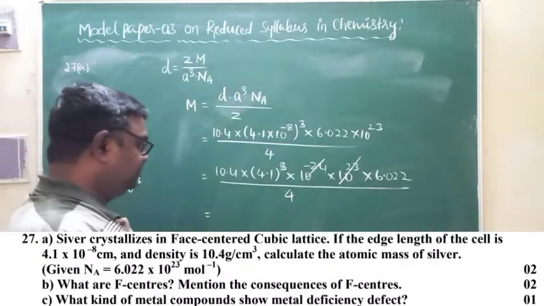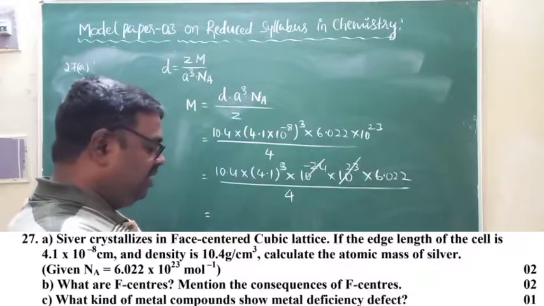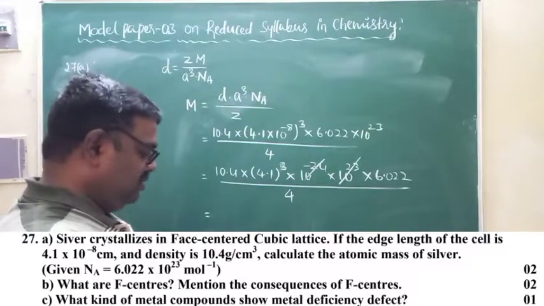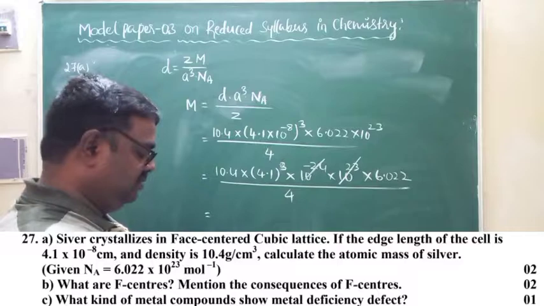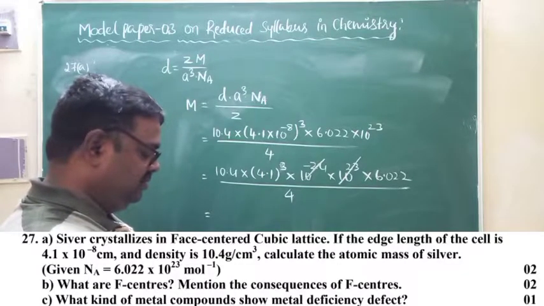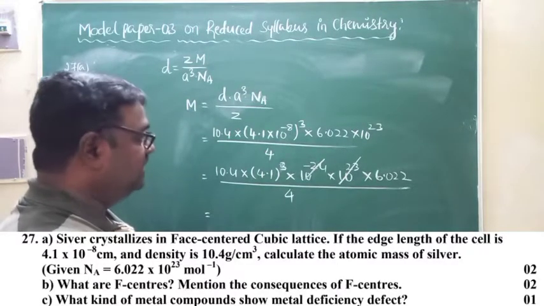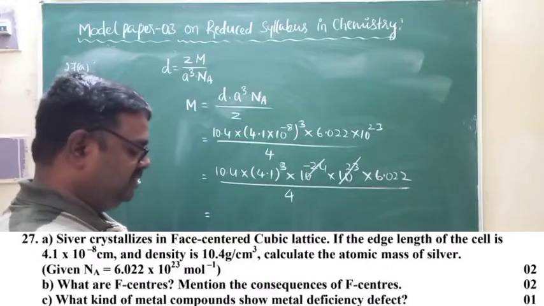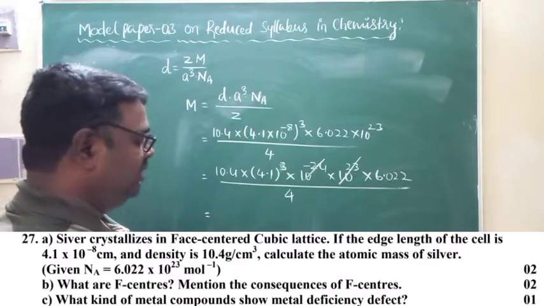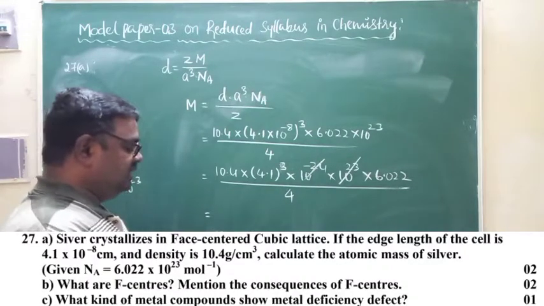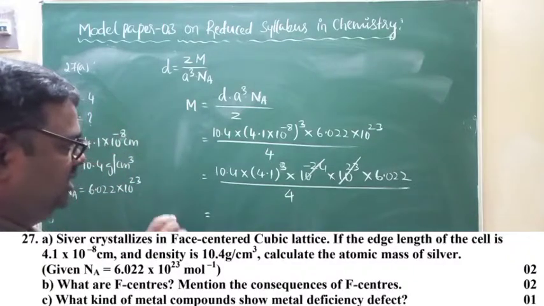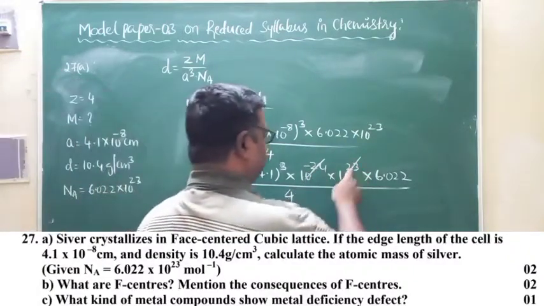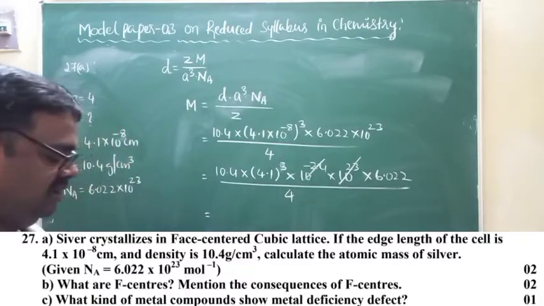Look at this: 10.4 into 4.1 into 4.1 into 4.1 into 6.022 is the numerator. And of course here there is 10 to the power minus 1, so I divide by 10.